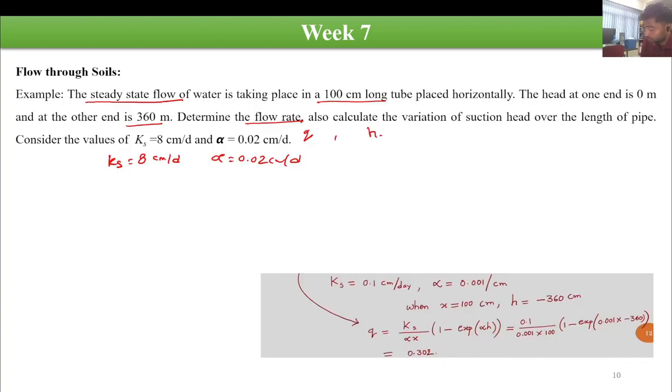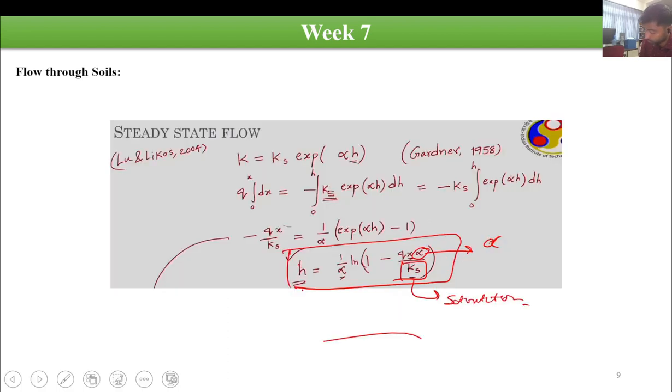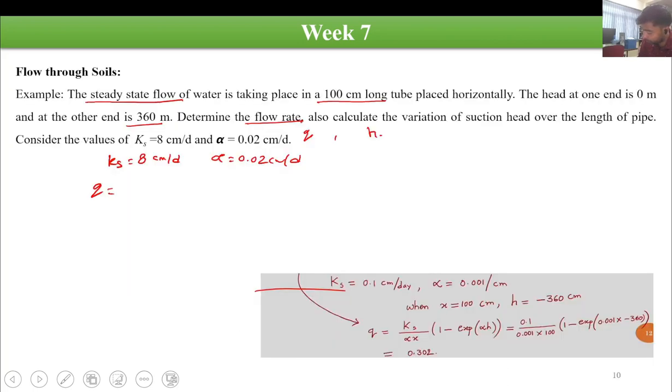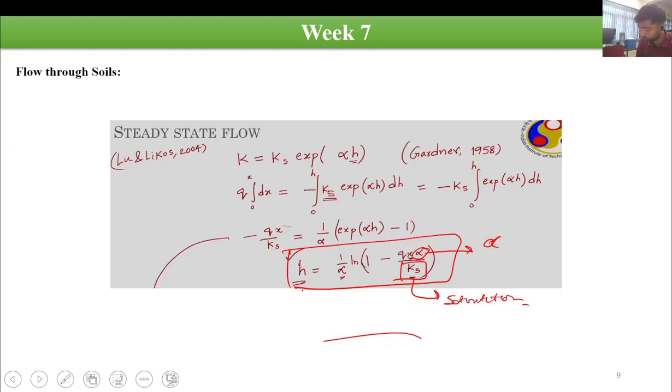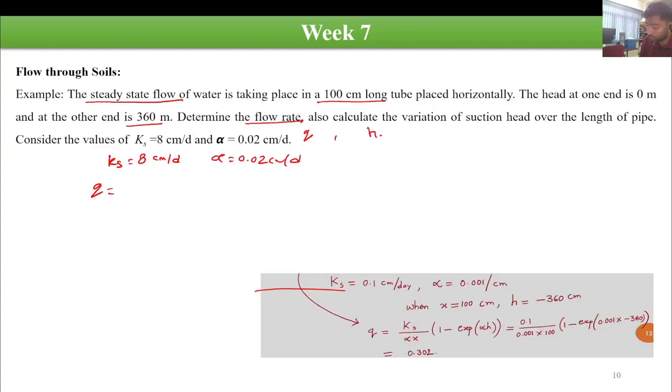That's going to be Q is equal to, let's come back. We'll use this expression. H is equal to 1 upon alpha ln 1 minus Q x alpha upon Ks.